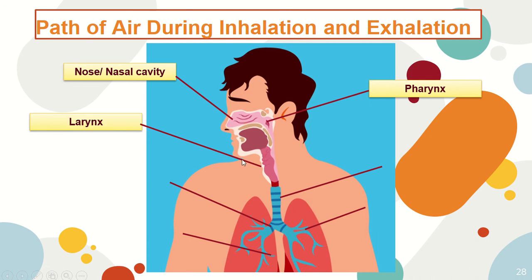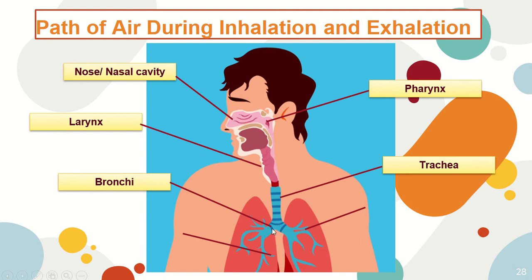The larynx. And pag dumaan siya sa larynx, pupunta naman siya sa ating windpipe, also known as the trachea. Pag dumaan siya sa ating trachea, meron tayong two branching tubes na ang tawag natin ay bronchi. Alright.